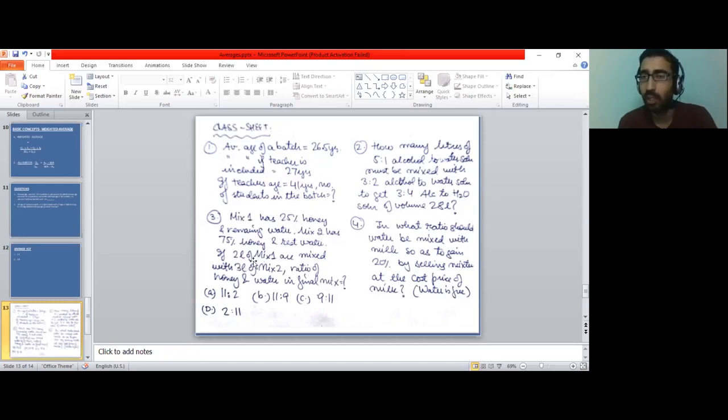So honey in total is 2.75 liters, which means that water, the rest, must be 2.25 liters. Because total is 5, if 2.75 is honey, water has to be 2.25. And you can immediately calculate the ratio of honey to water is 2.75 to 2.25. Has to be option B, 11 is to 9. Very, very simple question.